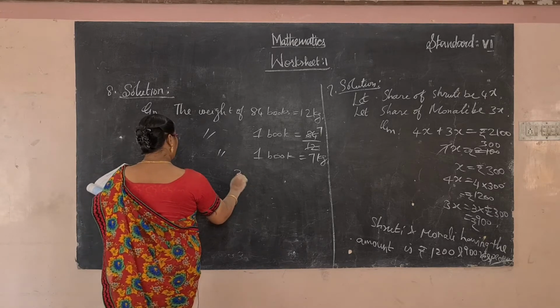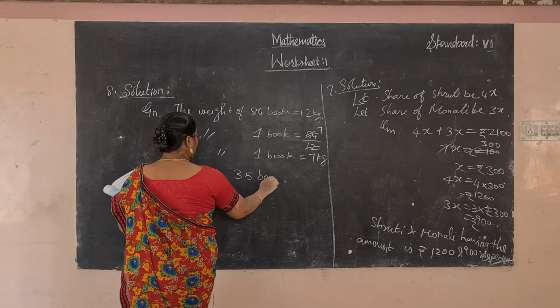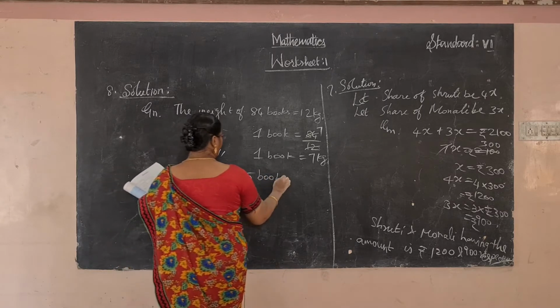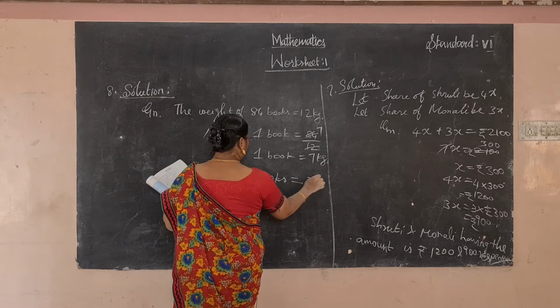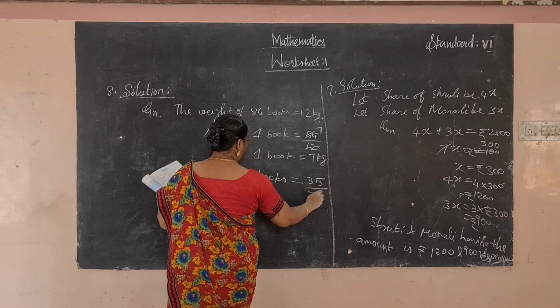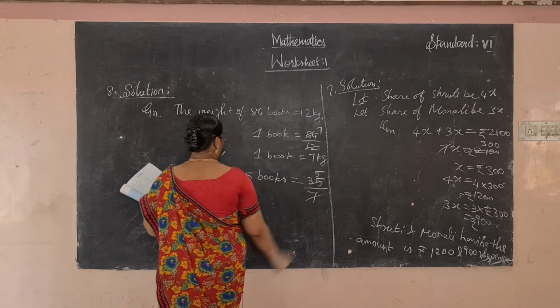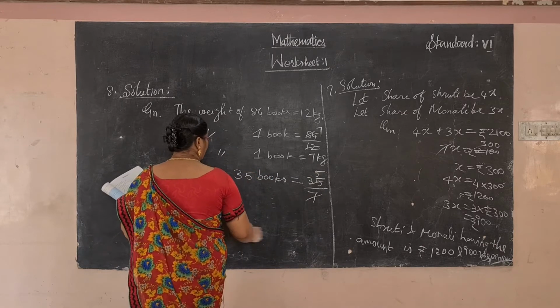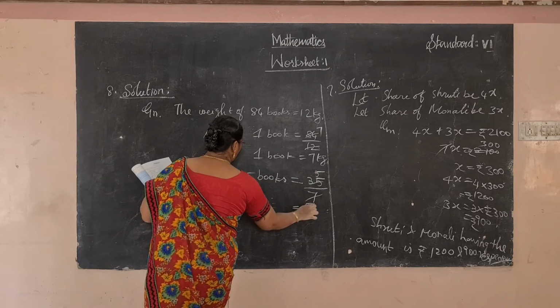So 35 books is equal to 35 by 7, so 5 kg.